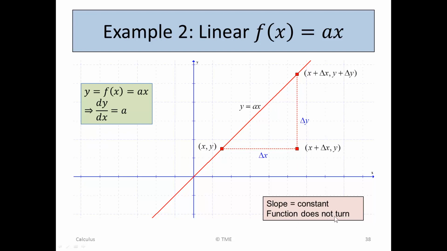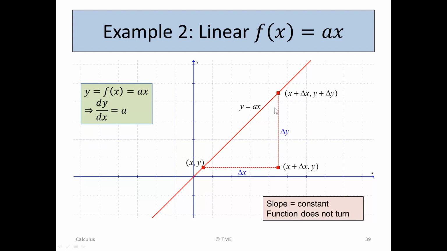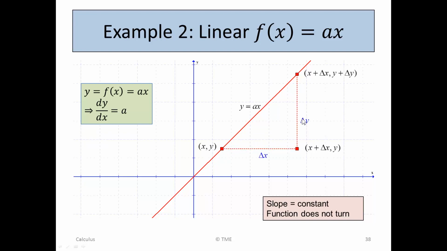The function doesn't turn, stays in the same direction all the time. And the points there, if we use one or the other, we can see that we start here or start further down, we still get the same ratio between delta y and delta x. The slope is always a constant and the function does not turn.